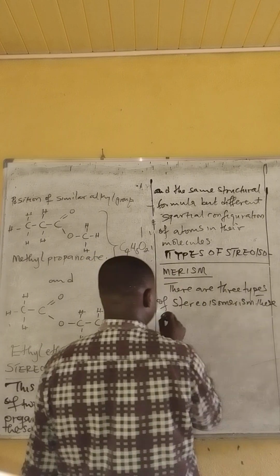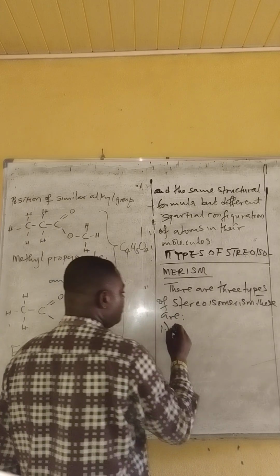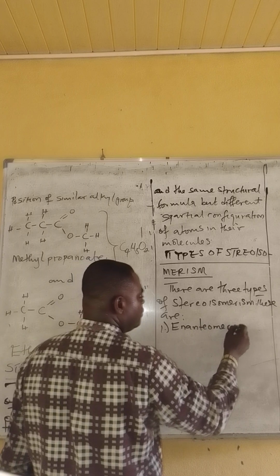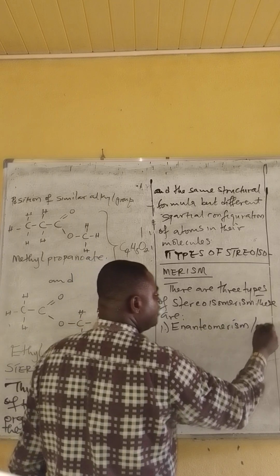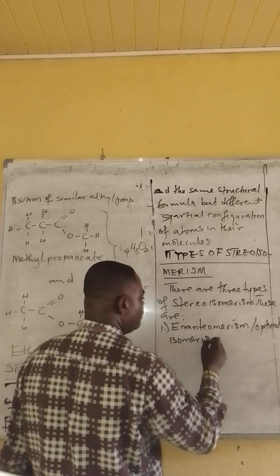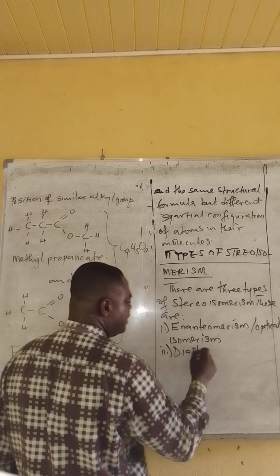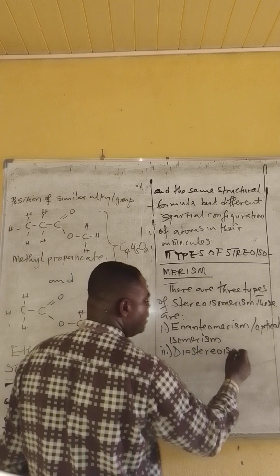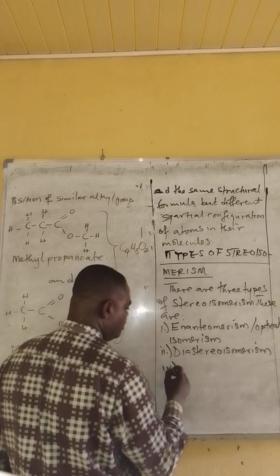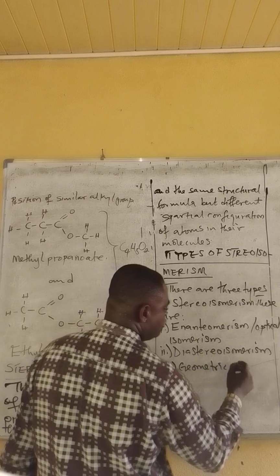These are, first one is called enantiomerism, which is also known as optical isomerism. Second one is called diastereoisomerism. And the third one is called geometric isomerism.